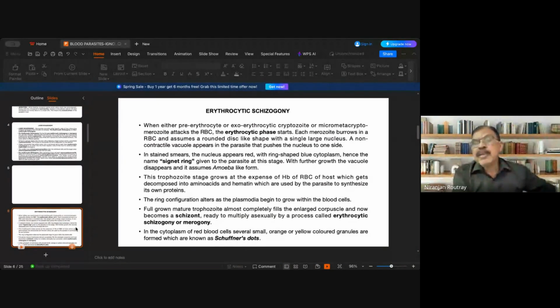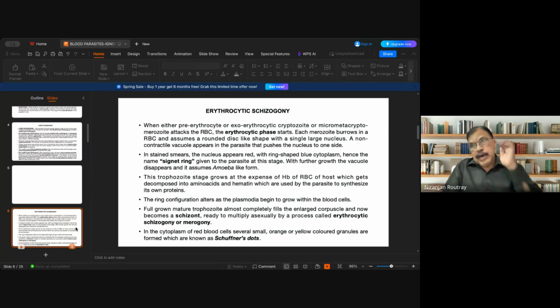The appearance of this vacuole pushes the nucleus of the parasite towards one side, and subsequent differential staining of the cytoplasm and the nucleus gives the appearance of a ring which you wear on your finger, and that is why it is called the signet ring stage.